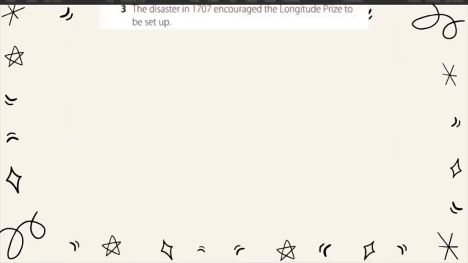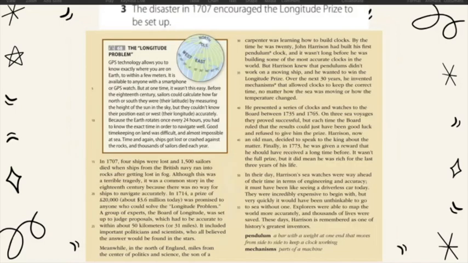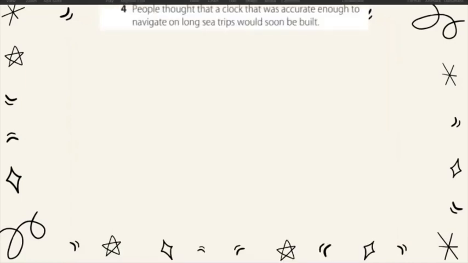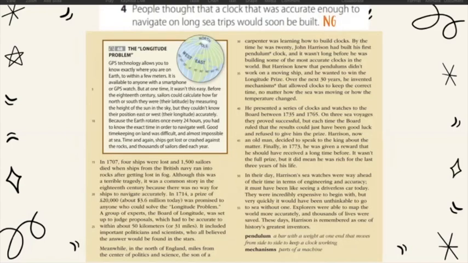Number 3, the disaster in 77 encouraged the longitude prize to be set up. Well, this information is not given. Number 4, people thought that a clock that was accurate enough to navigate on long sea trips would soon be built. Again, this information is not given, guys.